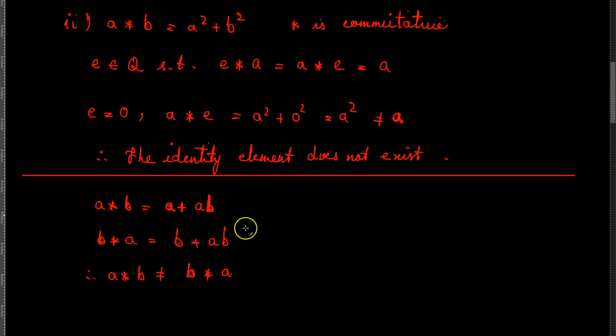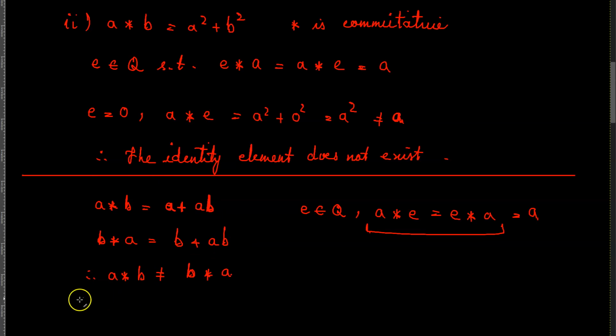And so since it's not commutative, there is no question of the identity element existing, because the condition that we use for the identity element, we say that E belonging to Q, for example here, A star E has to be equal to E star A, and then it has to be equal to A. So this means that it has to be commutative.